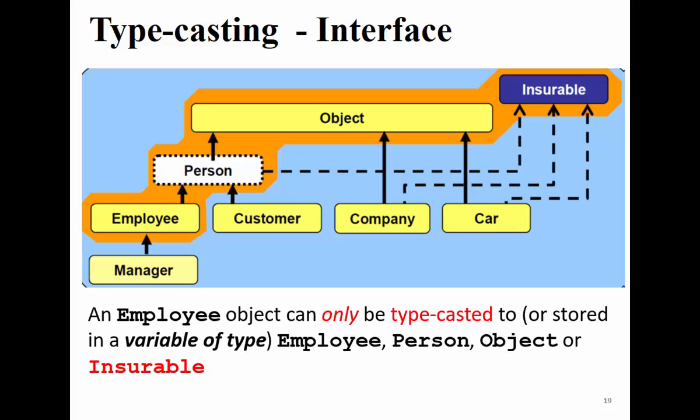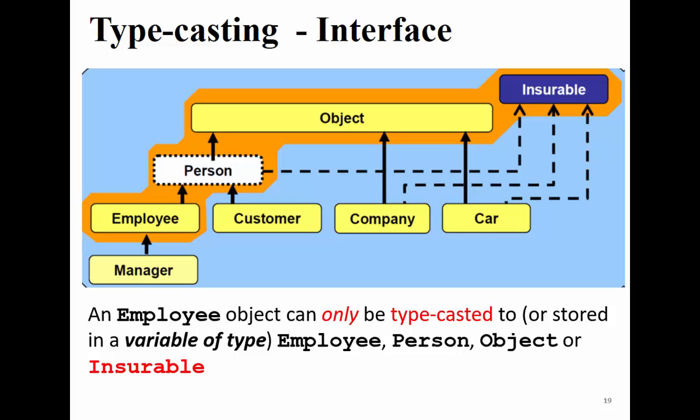Again, we can cast the Employee to Person, Object, or Insurable. That is the typecasting to the interface. And here is the power of interface. You can see that Car, Person, and Company are unrelated classes.